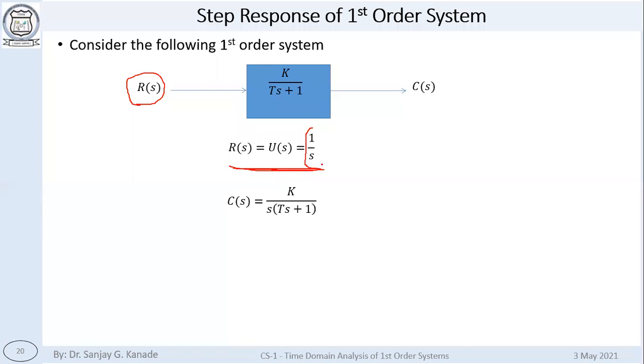It is 1 by S. So if we substitute R of S with 1 by S here and calculate C of S, we get this equation: K upon S into 1 plus ST. Is this correct? Yes, this is right.